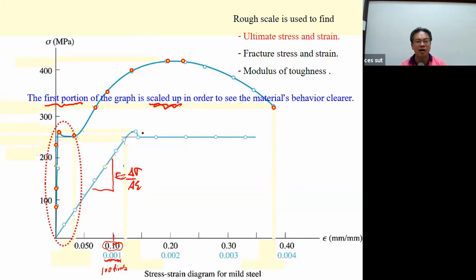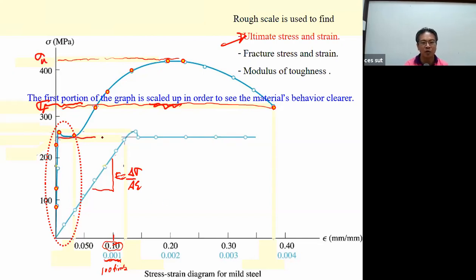And for the above graph, it is important to determine the so-called ultimate stress, and also this one, which is the fracture stress. Most of the time we measure sigma sub y from this graph, and we determine the modulus of elasticity from this graph. However, for sigma sub u and sigma sub f, we use the above graph, which contains the whole behavior of the structure.